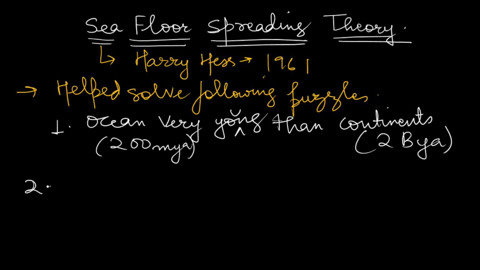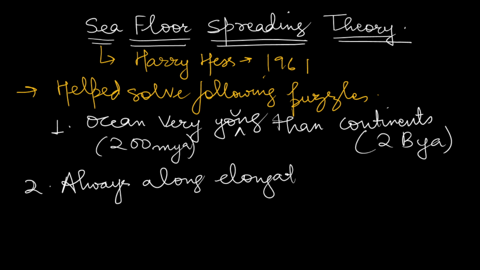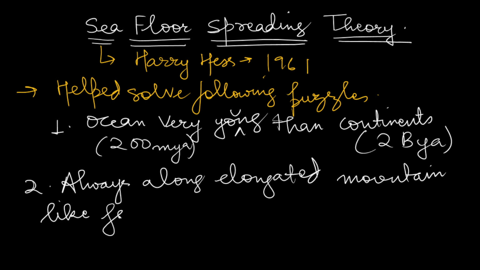Secondly, why do we always see elongated mountain-like features in the ocean crust, that is mid-oceanic ridges?